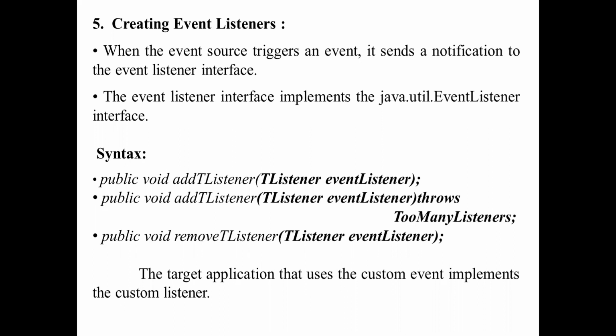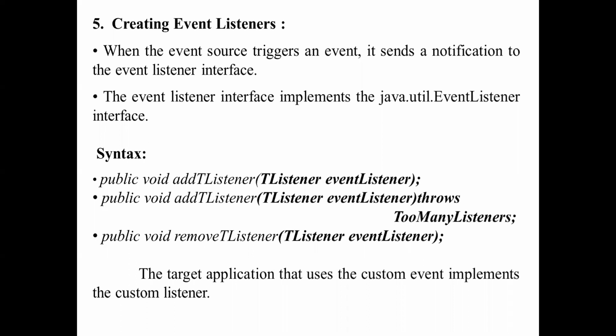Suppose we are adding the event listener, and a trigger is raised, which is nothing but an error. So we can throw to the many listeners to notify that there is an error in our event listener interfaces. That syntax will use public void addTListener, that is a T listener event listener, throws TooManyListenersException.